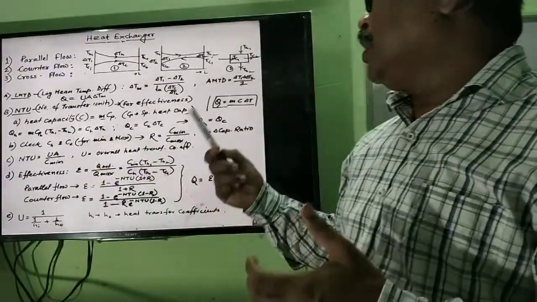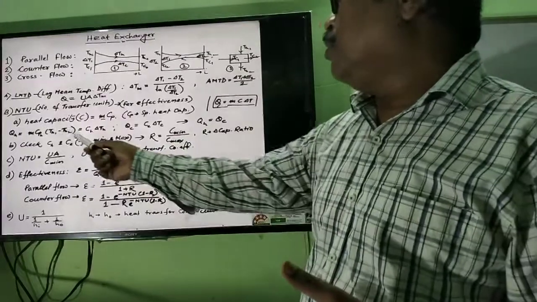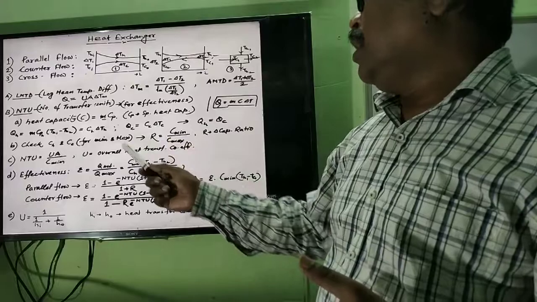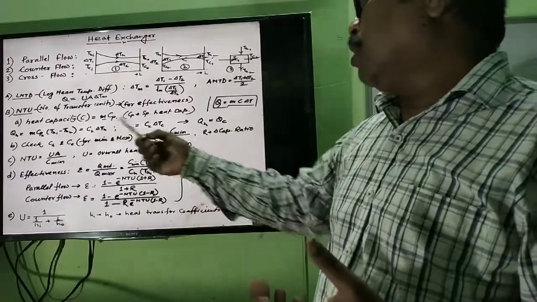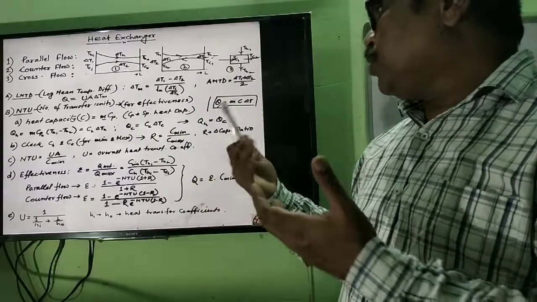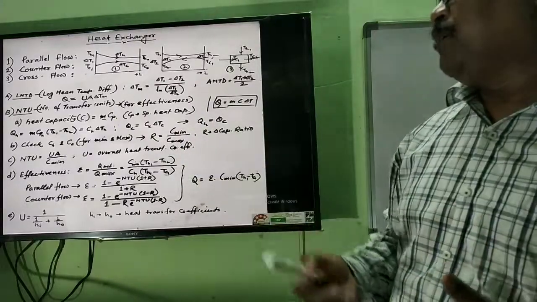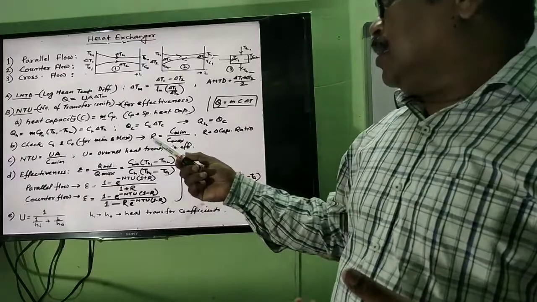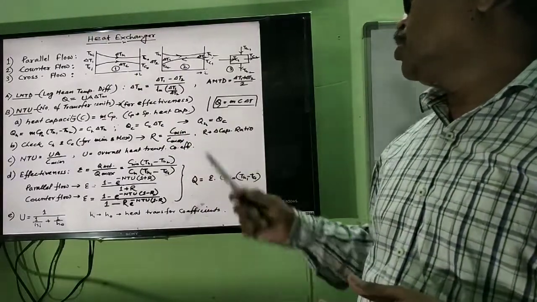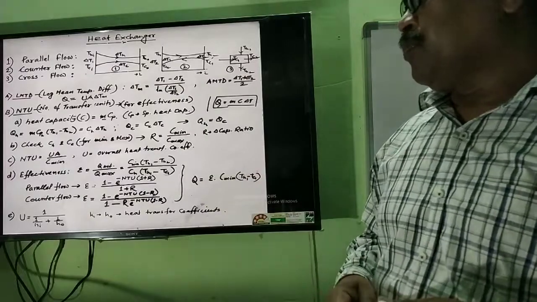From the heat capacities of the hot fluid, CH, and cold fluid, CC, you will know which is minimum and maximum. The ratio of minimum heat capacity to maximum heat capacity is known as the capacity ratio.